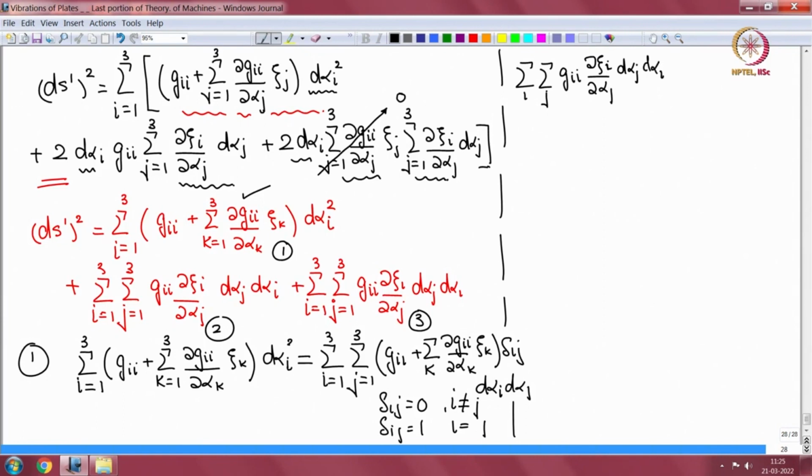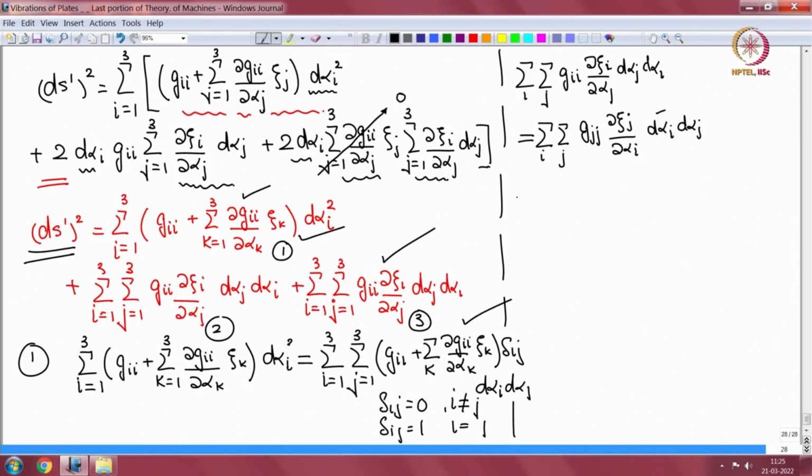It is equal to again the summation over I, summation over j, but this time g j j, I make j into I and I into j, del xi j del alpha I d alpha I d alpha j. Okay. So if we do that, how will this term look like now? We made this into this term and we have changed one of them.